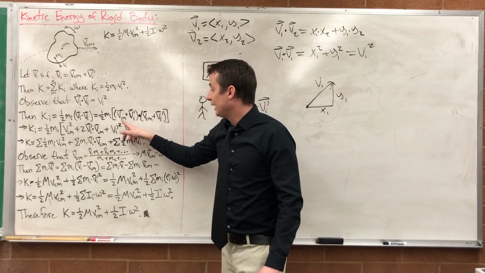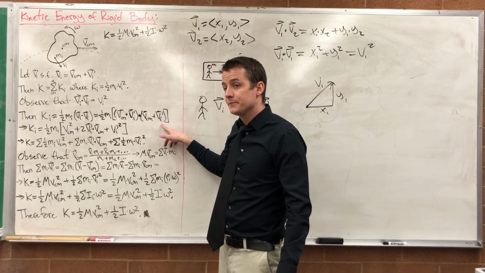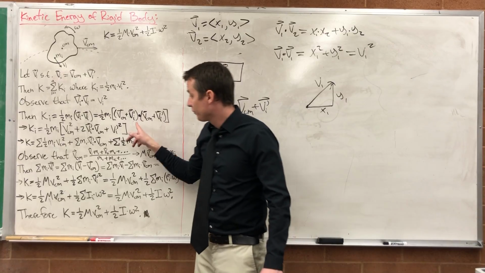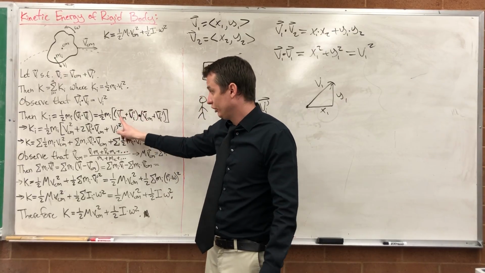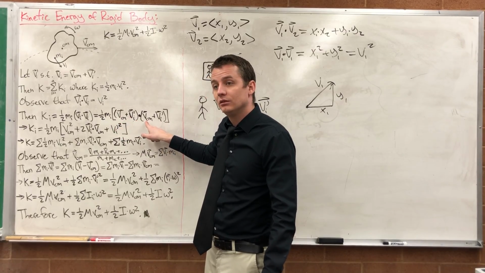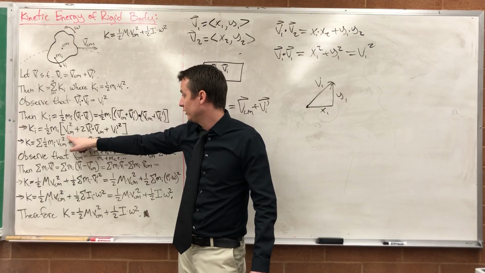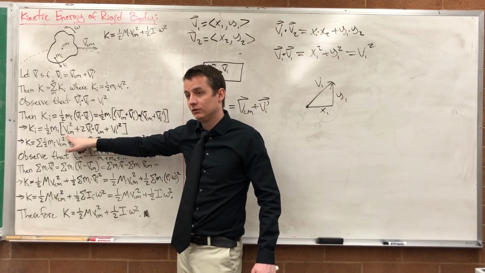Okay, so now I'm just going to calculate the dot product between these. First I'm going to have, it's just like regular distribution, this dotted with this. That's right there, VCM squared. Notice that when you take a vector and you dot it with itself, it just gives you the magnitude squared.